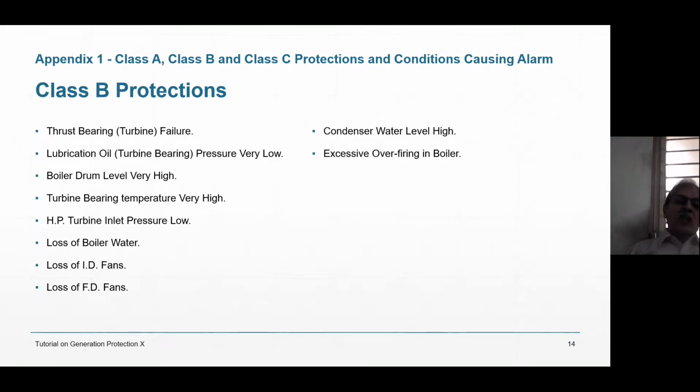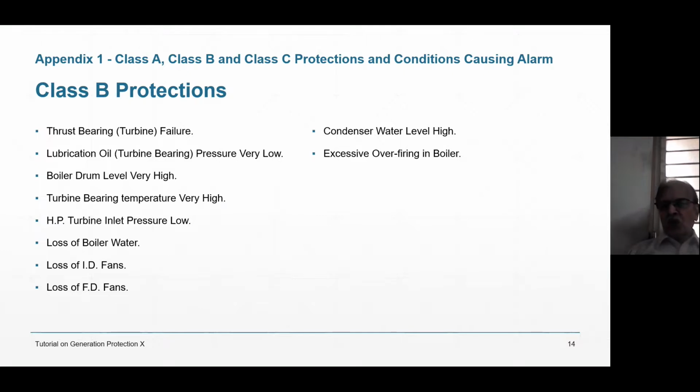Loss of boiler water. Boiler is not receiving water due to one reason or the other. Maybe the BF pump, boiler feed pump, might have failed. Loss of ID fans. If ID fans trip, then class B protection will operate. Loss of FD fans. Condenser water level high.